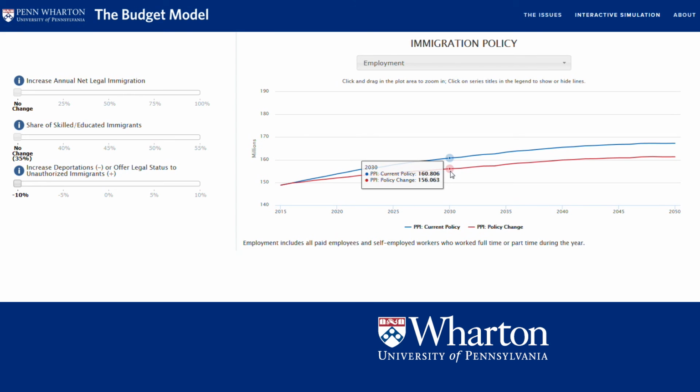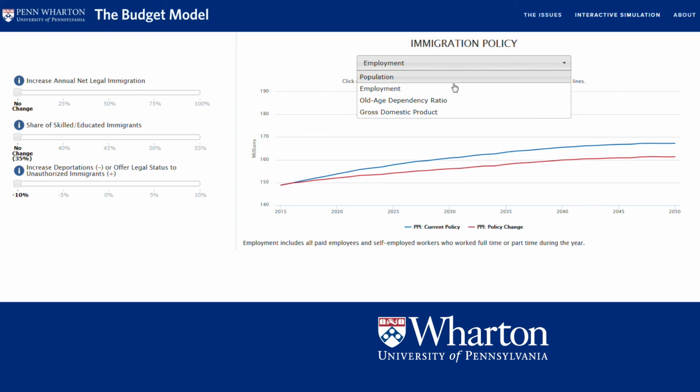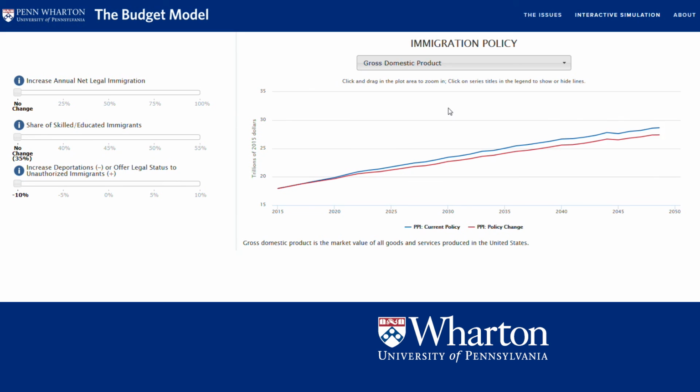It's like 100% detachment for the workforce for unauthorized immigrants. And the native-born participation rate in the labor market cannot possibly rise enough to meet that gap, that reduction in the number of jobs. And GDP also goes down pretty substantially.